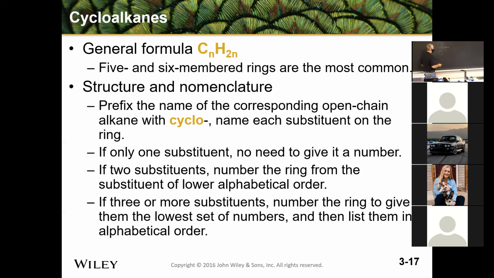Then cyclohexane. You might see that written as a hexagon, as we're going to talk about in a moment. You might see it written like this, and we'll explain why that is. These are both cyclohexane.